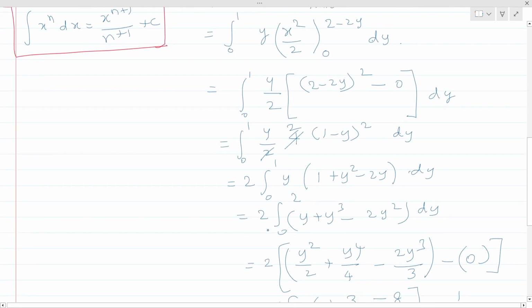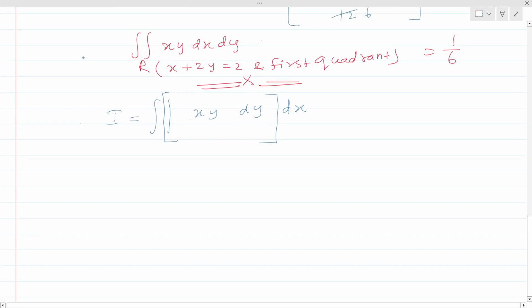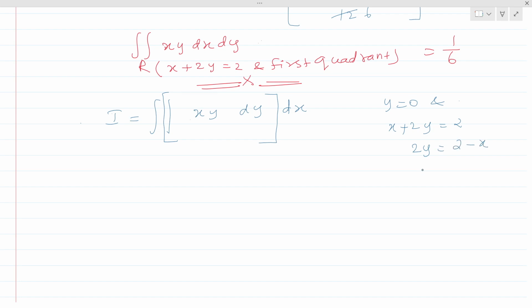So we are solving for y. y equal to 0, and the second line is x plus 2y equal to 2. Is it right? So we have to write in terms of y. Therefore, 2y equal to 2 minus x, y equal to 1 by 2 into 2 minus x.